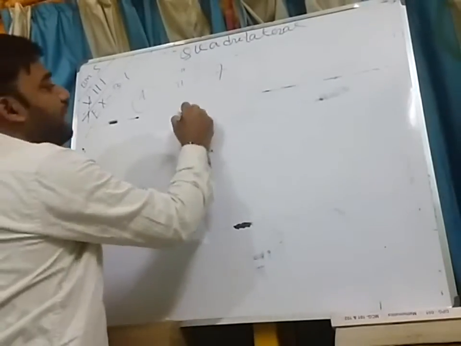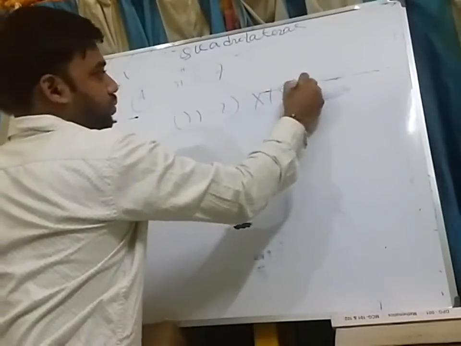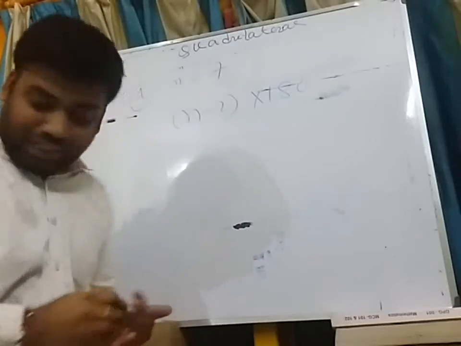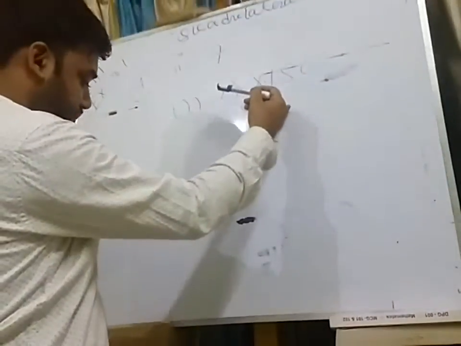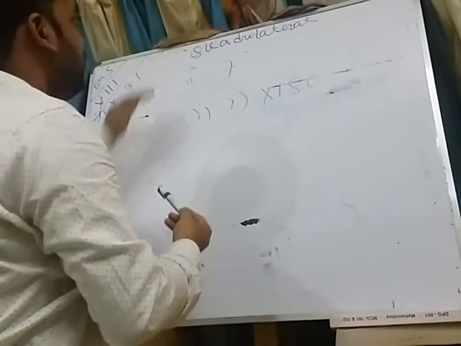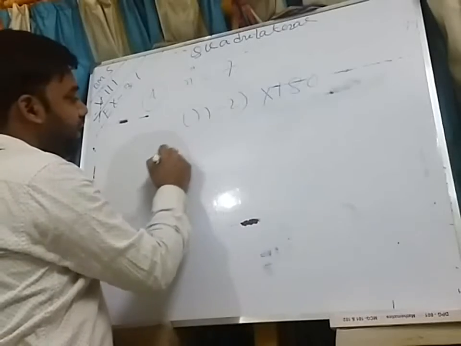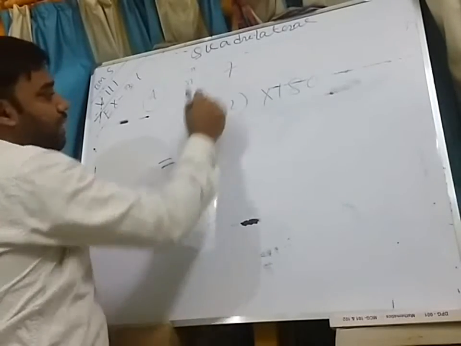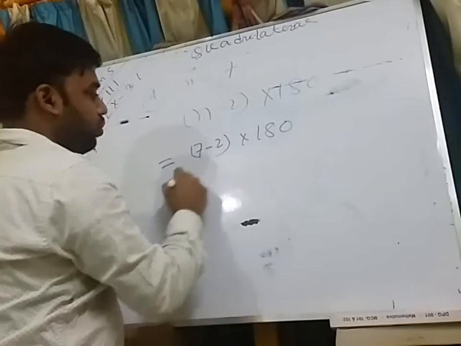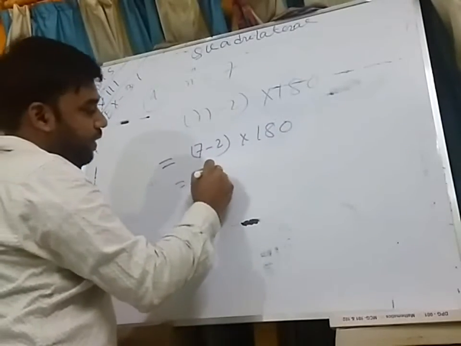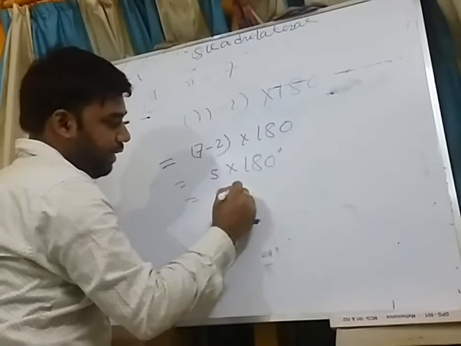We use the formula (n minus 2) into 180 degrees. Here n is 7, so 7 minus 2 is 5, and 5 into 180 degrees is 900.